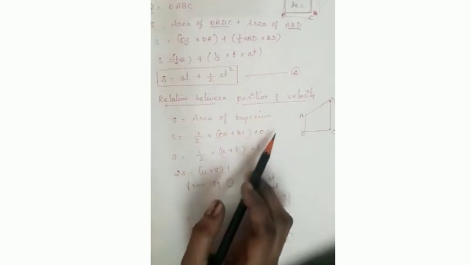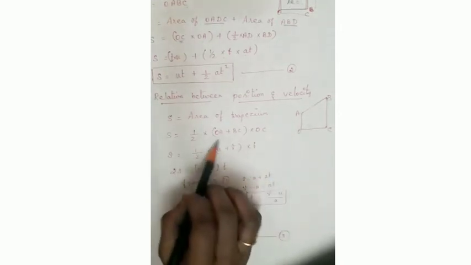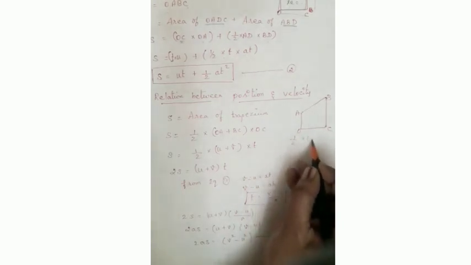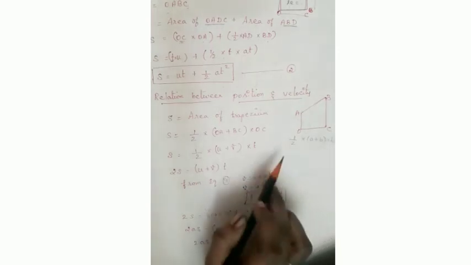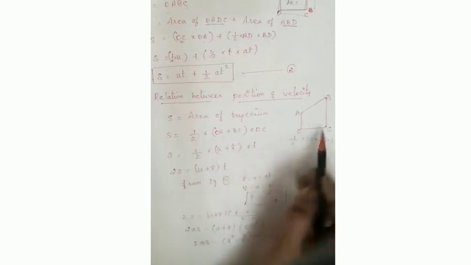For this also, we are going to use the same shape, the trapezium, and the formula of the trapezium. What is the formula of a trapezium? Half into (a plus b) into height, right? So instead of a and b, we take OA plus BC. Then what is the height here?